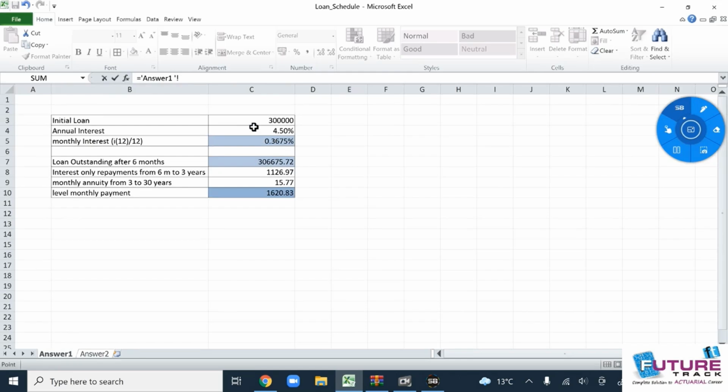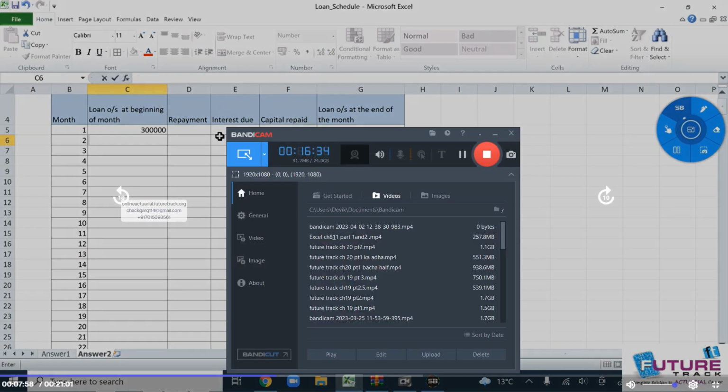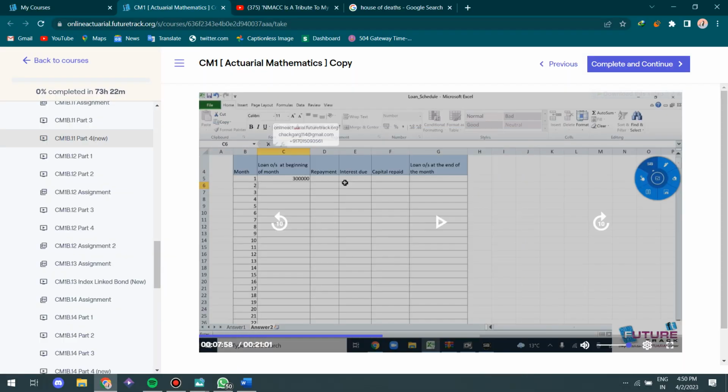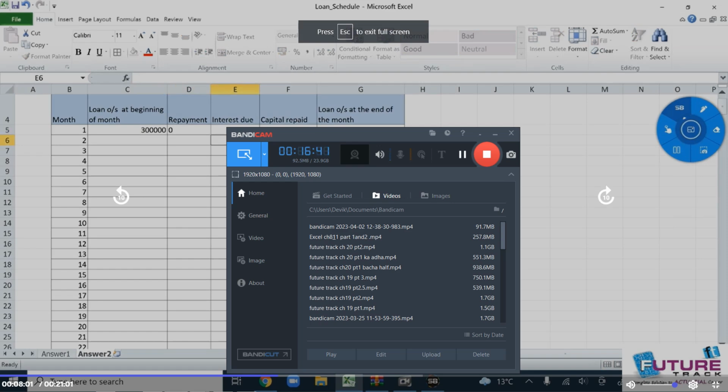This is the loan we have taken, so this is my loan outstanding. Class, at the end of the first month we have not made any repayment, right? So class, the repayment is 0.